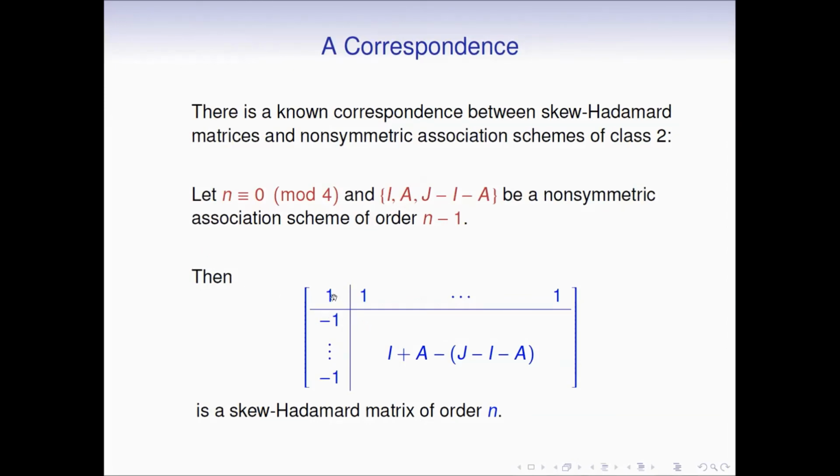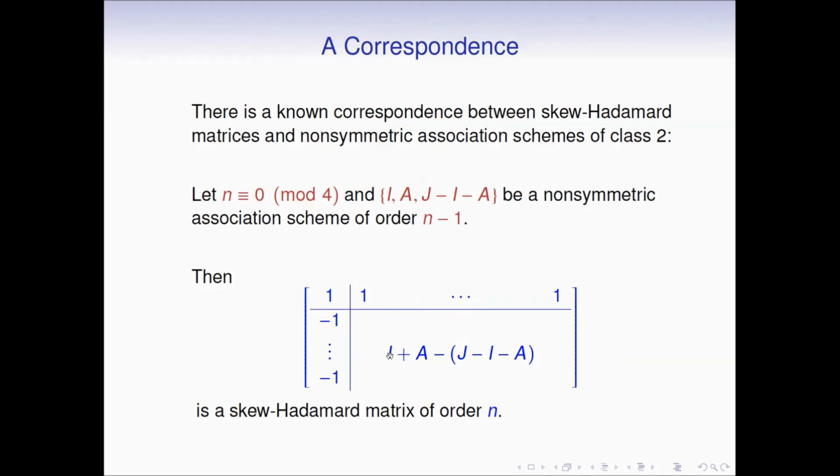The matrix looks like this. The first row is 1, and the first column is minus 1. And here we put I plus A minus (J minus I minus A).